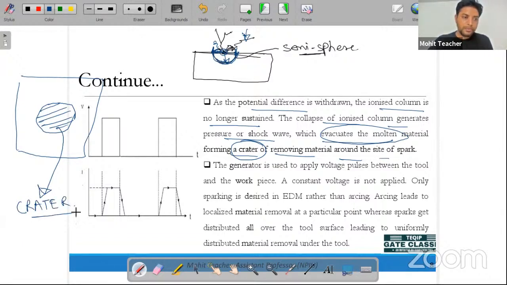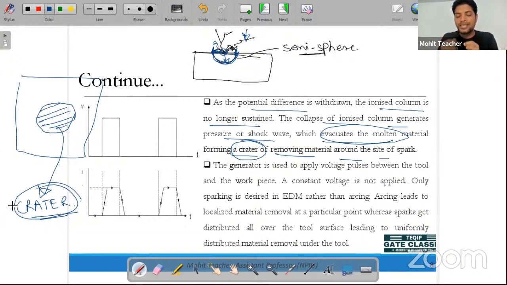Okay, yesterday when we were discussing the literature survey part, the first sentence was that in 1766, Joseph Priestley, a chemist by profession, discovered the erosion of craters.